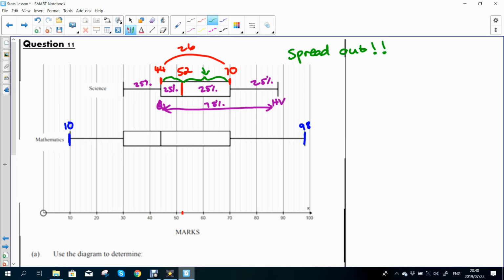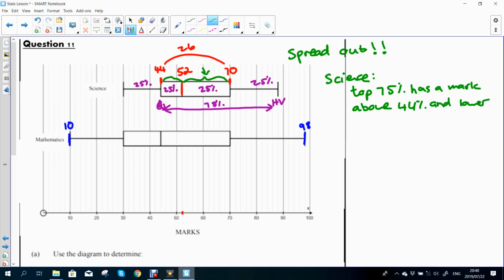So let's say I'm going to start with science, and I'm going to mention the top 75% has a mark above 44% and lower than, what is that, 88%.